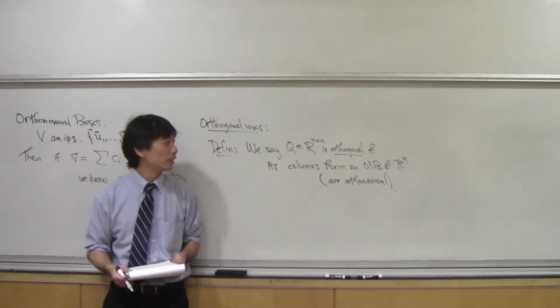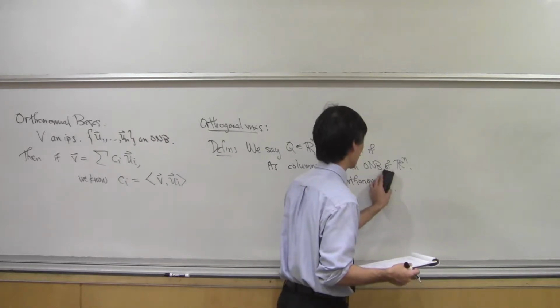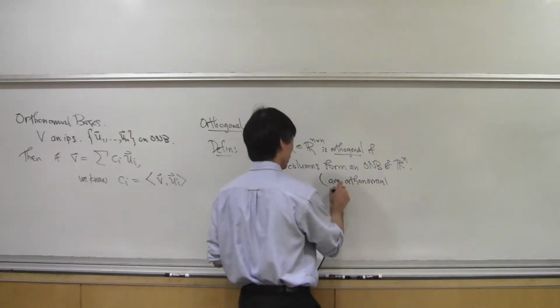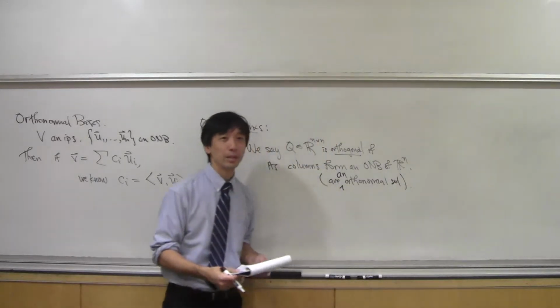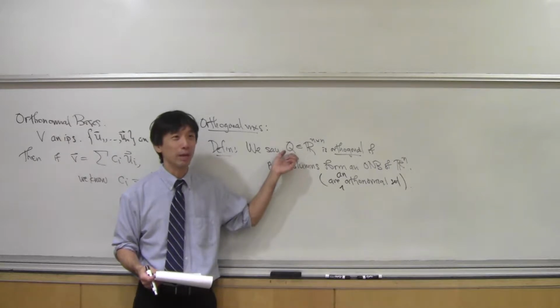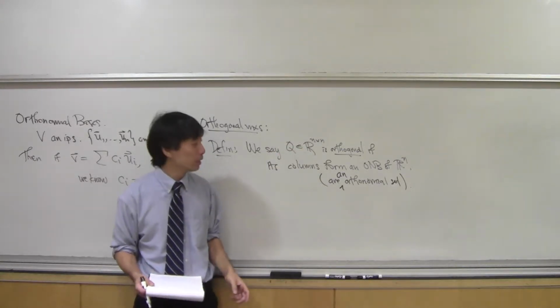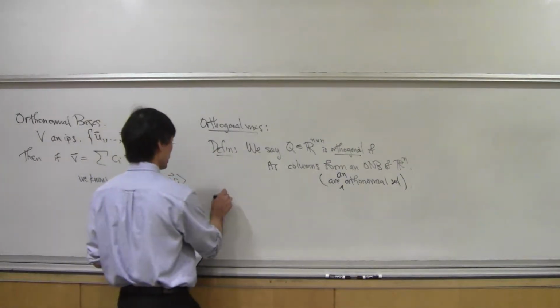Maybe say they are an orthonormal set. In that case, they would be a basis because there's n of them, and you'd have n linearly independent vectors in Rn, which would give you a basis.